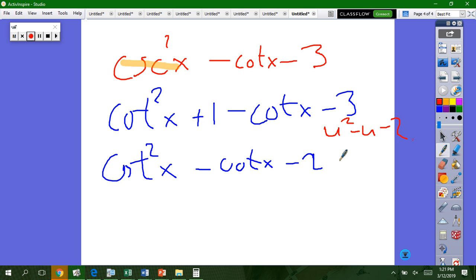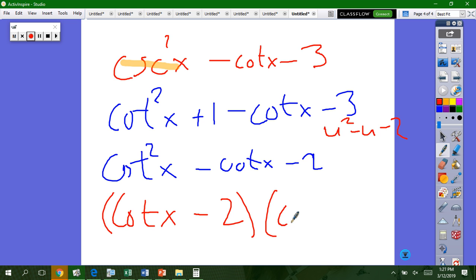Okay? I'm able to factor u squared minus u minus 2. What's u? u is cotangent, isn't it? So therefore, it's cotangent of x minus 2 and cotangent of x minus 1.